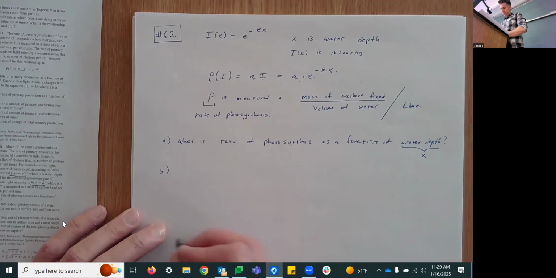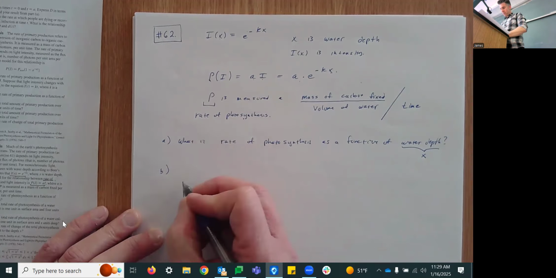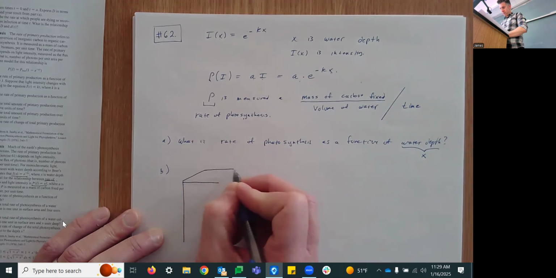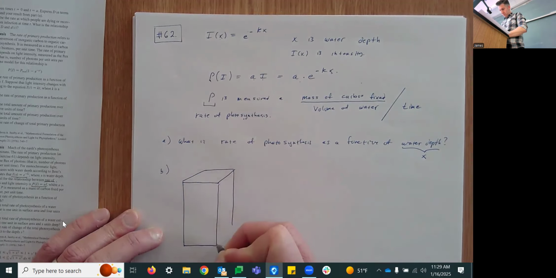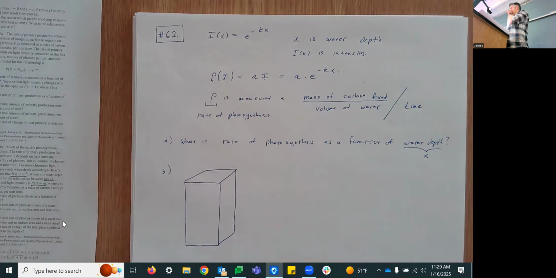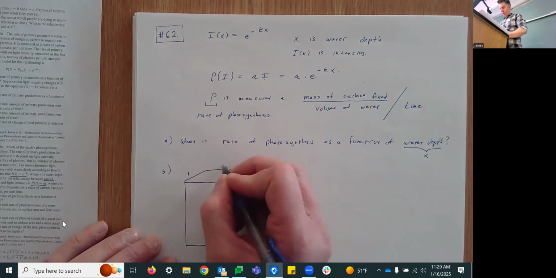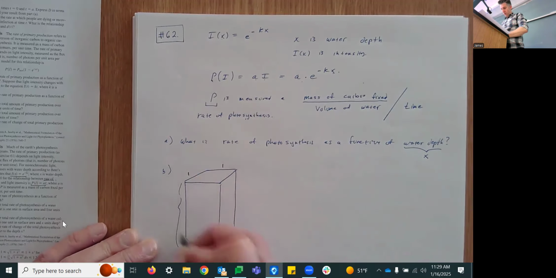Okay, so here's my column of water, that is 1 unit by 1 unit and 4 units deep.